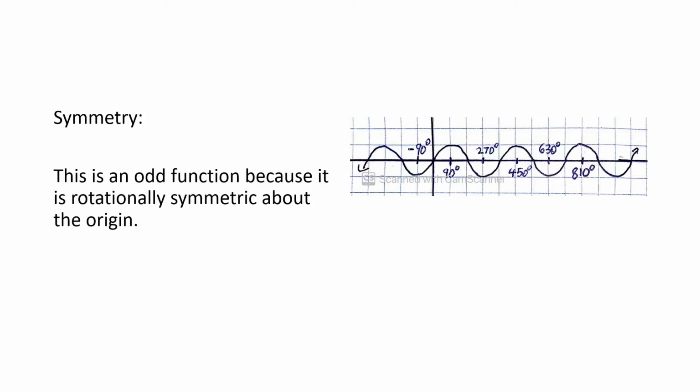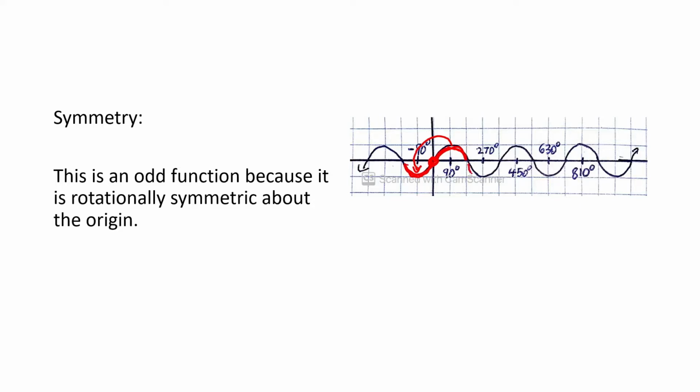And now let's look at symmetry. This is an odd function. It might be a little bit difficult perhaps to see that, but if we were to take this first hump here, we'll call it, and rotate that 180 degrees about the origin, you would end up perfectly with this hump down below.